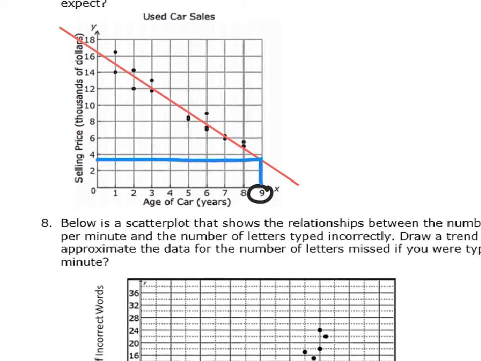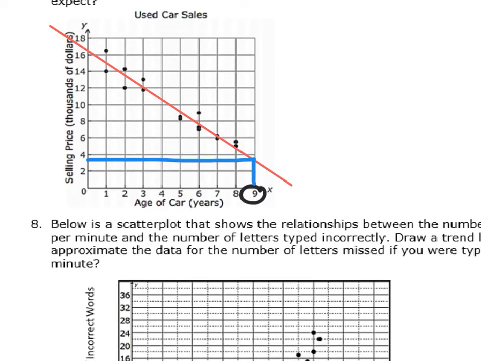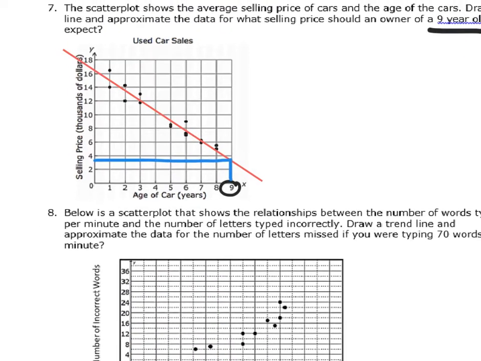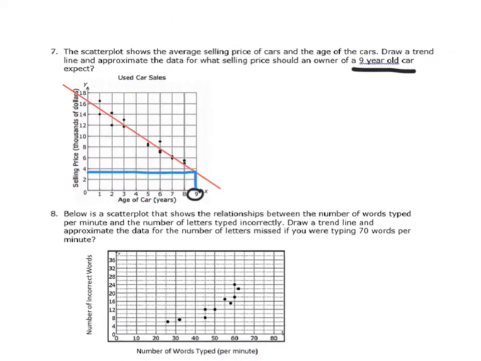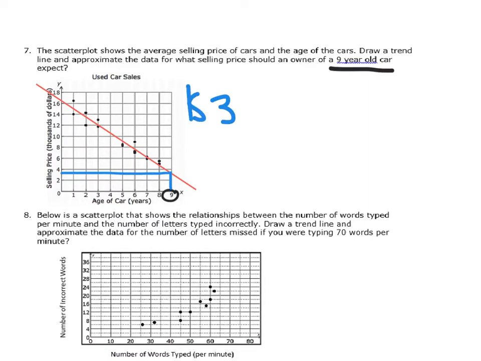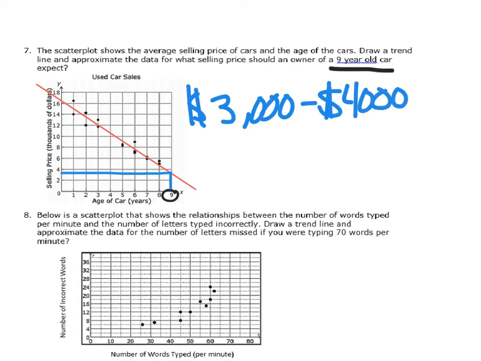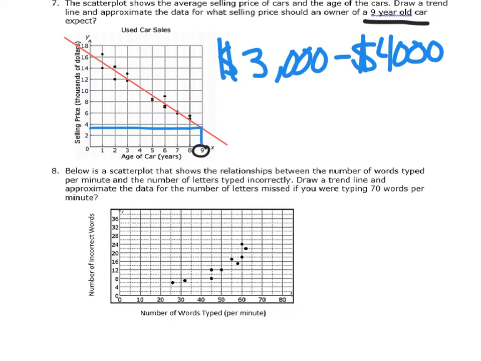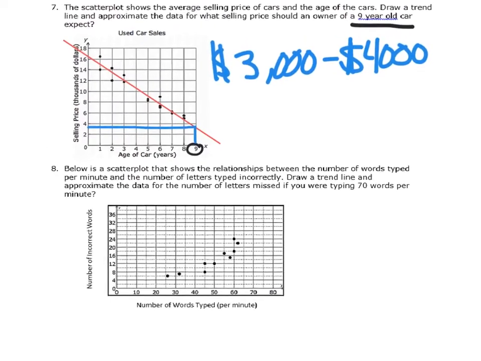So we're going to say about 3,000, a little bit closer to the 4, so like $3,000 to $4,000 because it's in thousands of dollars. So about 3,000 to about $4,000 would be a good guess. So we're going to pick whichever answer choice is closest to that on our STAR test or on our test tomorrow.